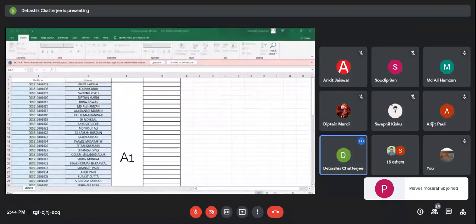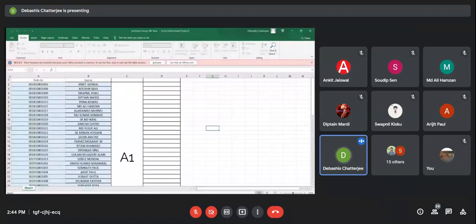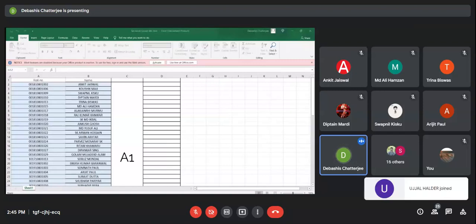So now next group is Trina Biswas. Yes, sir, present. And then Muhammad Ali Hamdan. Yes, sir, present. 13, 15. Just a minute, someone has joined, so I allow him to come in. Muhammad Ali.